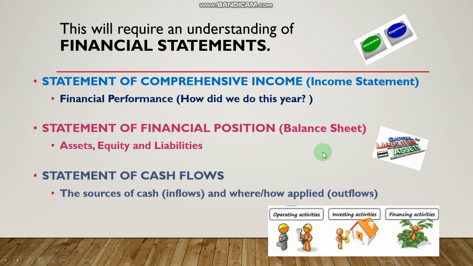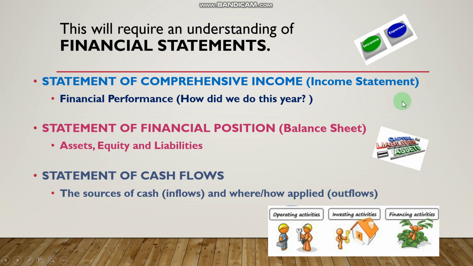The third financial statement is the cash flow statement, sometimes referred to as the statement of cash flows. This statement specifically tells us about the money that came into the business, where we got the cash from, and how we used this money, the inflows and outflows of cash.